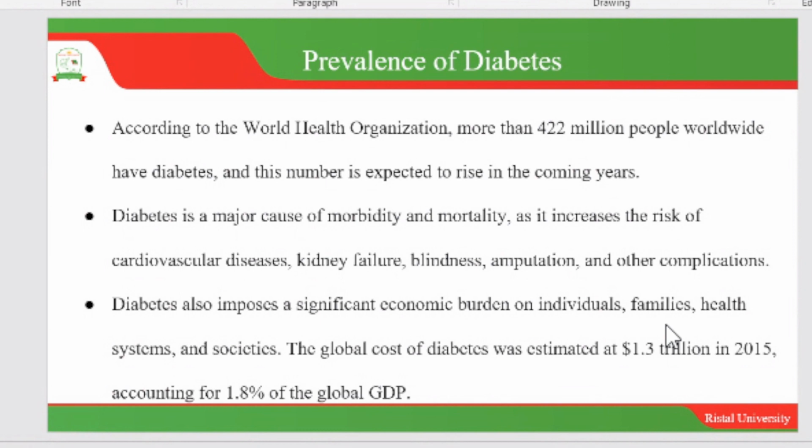So diabetes is a major cause of morbidity and mortality, as it increases the risk of cardiovascular diseases, kidney failure, blindness, amputation, and other complications. So all these complications can result from diabetes. Diabetes also imposes a significant economic burden on individuals, families, health systems, and societies.